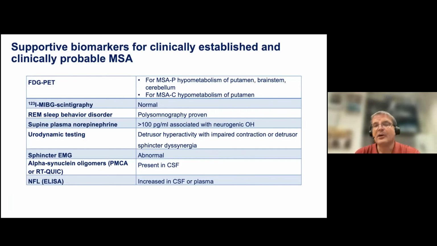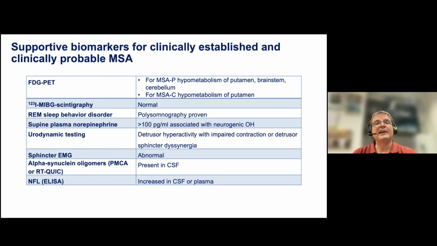Now, there is also a list of biomarkers that are not formally part of these criteria because the evidence base was not conclusive, but they may be suggestive of the disease, and they need to be studied further in research projects. And these include FDG PET, which indicates brain regions that have poor metabolism, and in MSAP that includes putamen, brainstem areas, and cerebellum, and for MSAC that includes hypometabolism of the putamen.